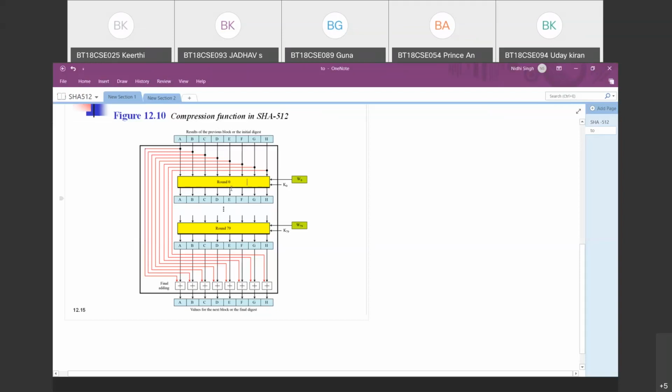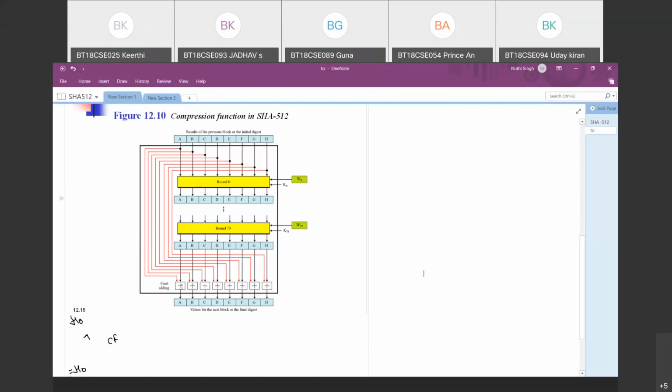The output of each round will act as input for the next round. There will be 80 rounds, so round 79 will be your last round. Whatever output is generated from round 79 will be stored in buffers A, B, C, D, E, F, G, H. From these buffers, we have to perform addition modulo with two things: the first is the previous initialization vector value, and the second is whatever I generated from round 79.